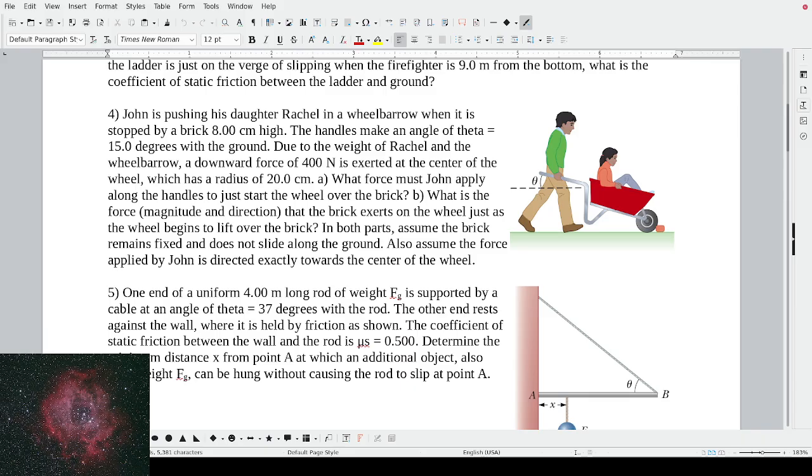Yes. All right, we've got the setup. In both parts, assume the brick remains fixed and does not slide along the ground. Also assume the force applied by John is directed exactly towards the center of the wheel. That's important. It makes our lives a whole lot easier.